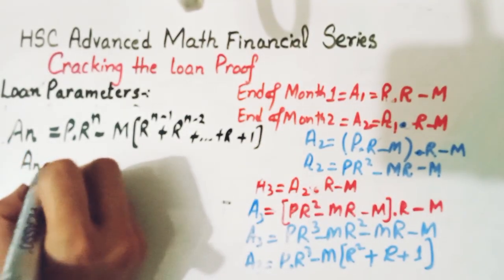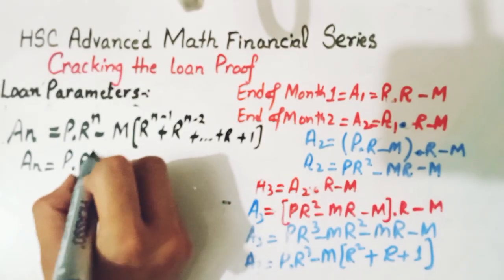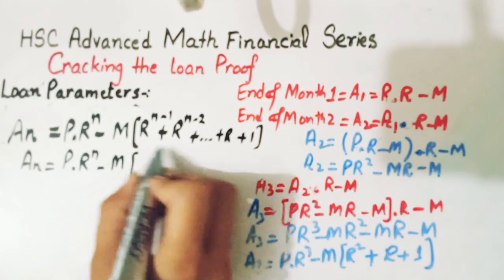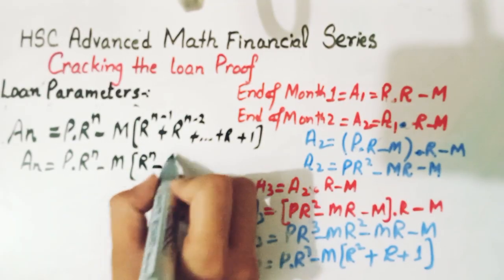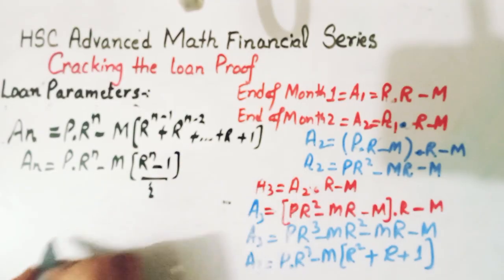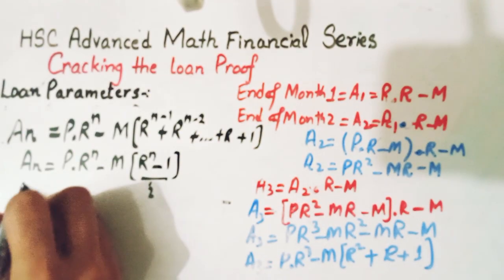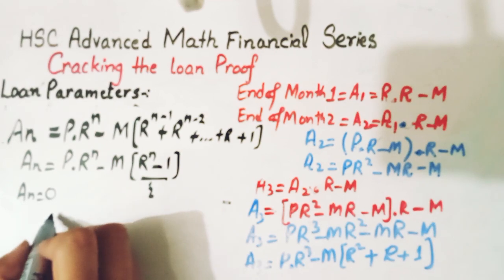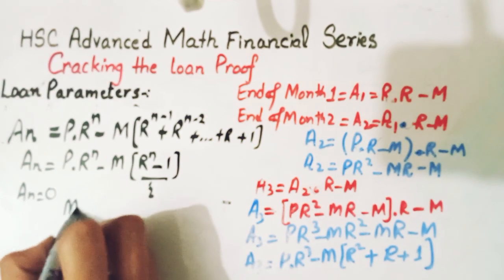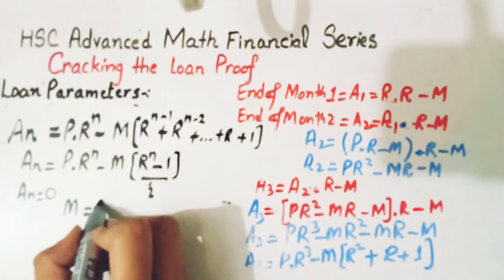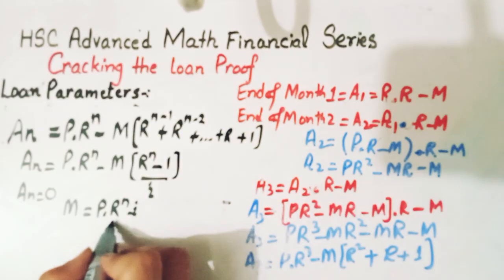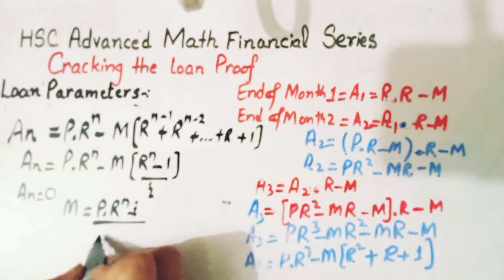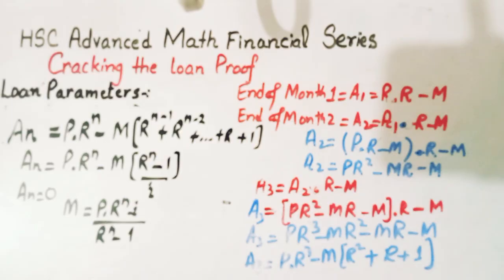We have A n equals P into R to the n minus M. It will become a geometric series formula, that is R to the n minus 1 divided by I. So A n equals 0. We get M equals P R to the n times I divided by R to the n minus 1. So this is the final answer.